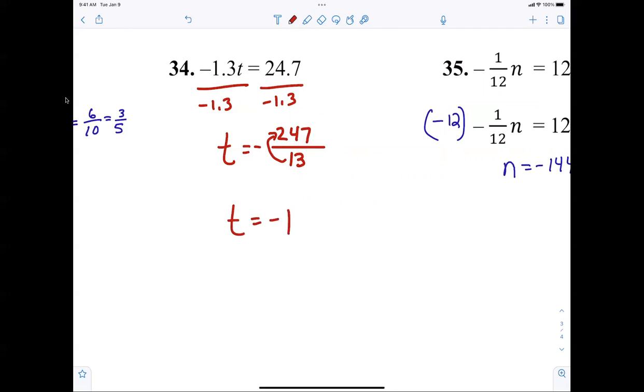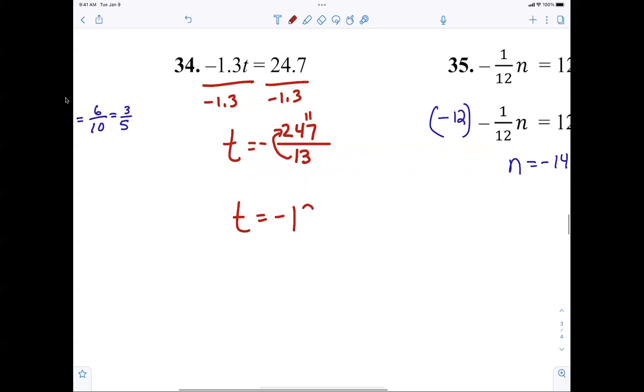How many left over? Is everybody with me? So the number now is 117. Does 13 go into 117? It does, in fact. How many times? 9 times. So the answer was negative 19. I think that was kind of tricky.